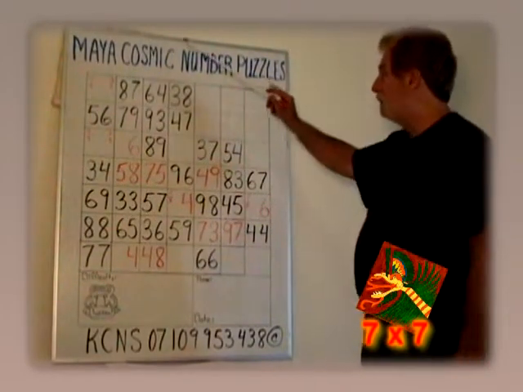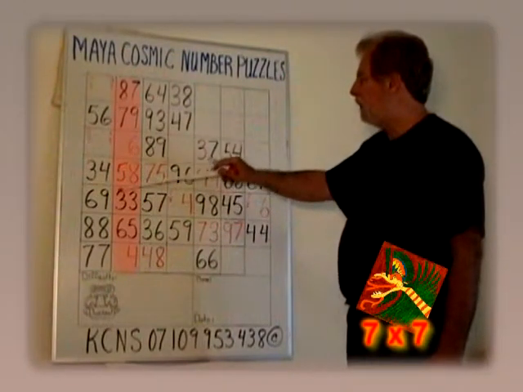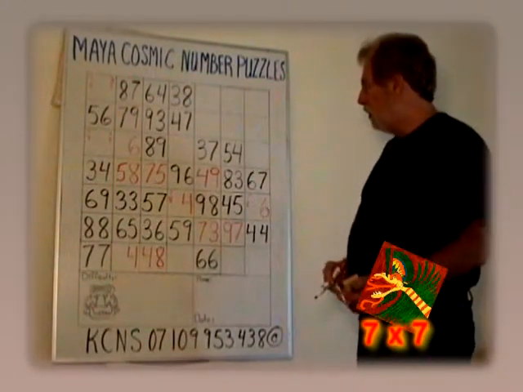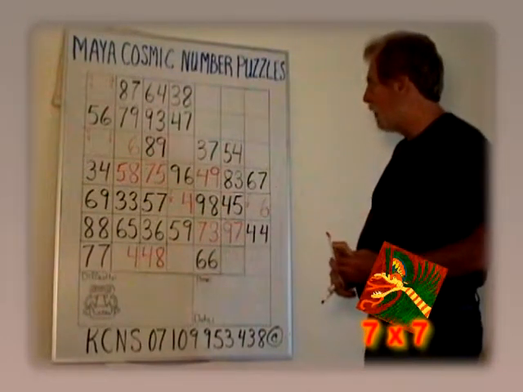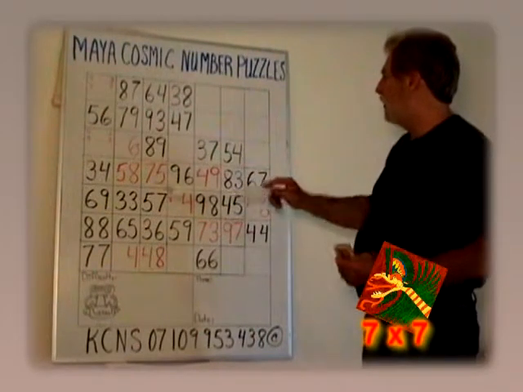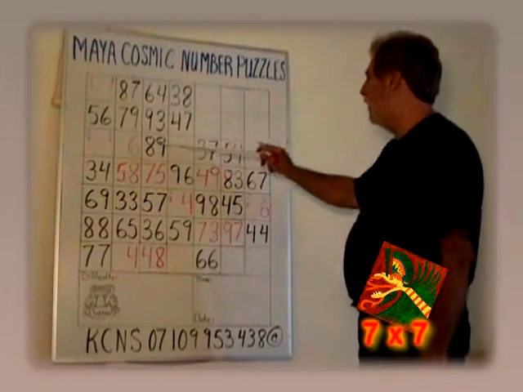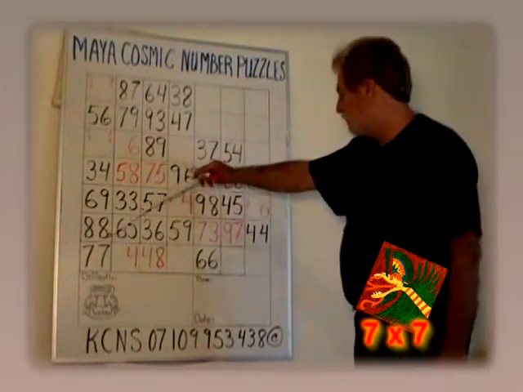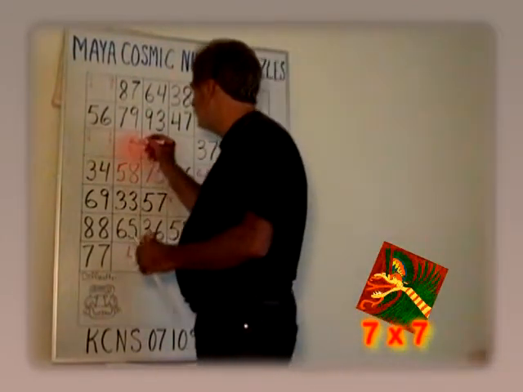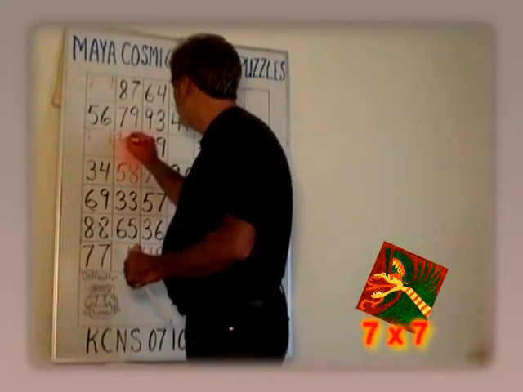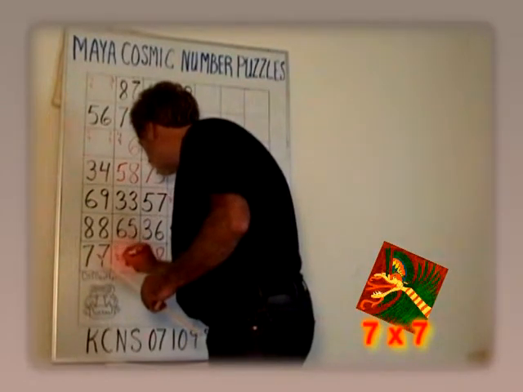On the left side of this column, we have an 8, 7, a 5, a 3, a 6. So we are missing a 4 and a 9. When we check this row, we do not see a 4 or a 9. When we check this row, we do not see a 4 or a 9. So we must put a 4 or a 9 here, a 4 or a 9 here.